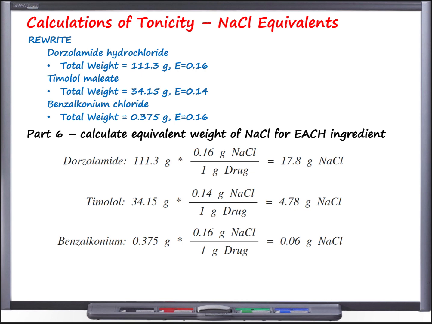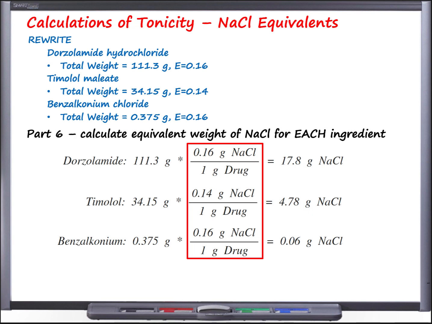Again, all three active ingredients are solved the same way, so we'll do them together. We start with the actual weight of the active ingredient that we're going to have in our 5,000 mils. So we start with that weight that we just calculated, and we are then going to multiply by their E-value, expressed as grams of sodium chloride per gram of drug.